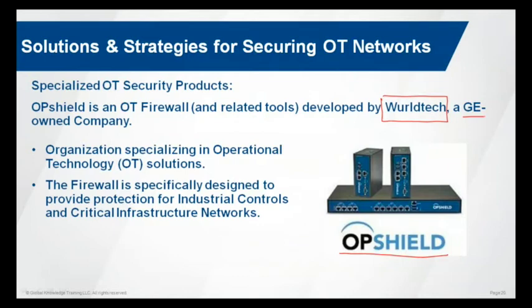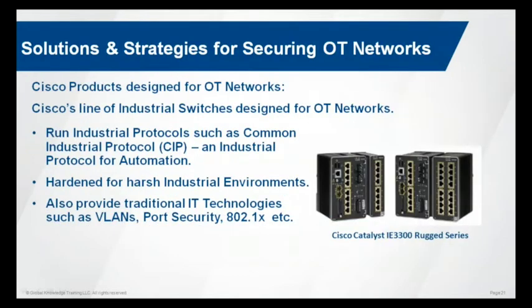We also have Cisco. Cisco has many systems, including industrial switches, the Catalyst IE 3300. These Catalysts are designed and hardened to support these types of environments. They also run industrial protocols such as CIP, the Common Industrial Protocol.